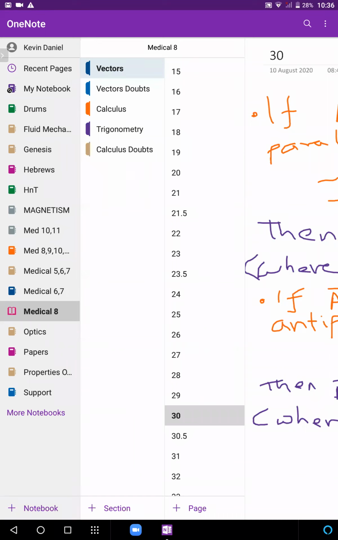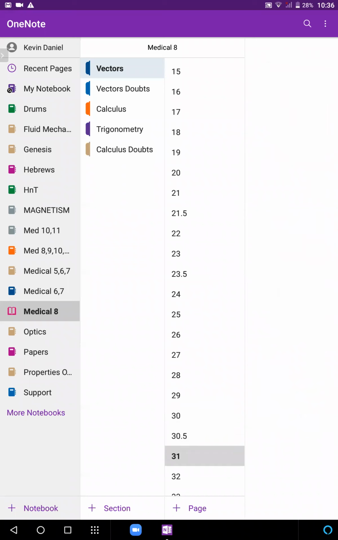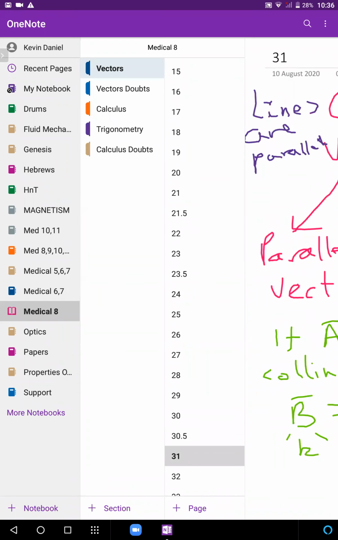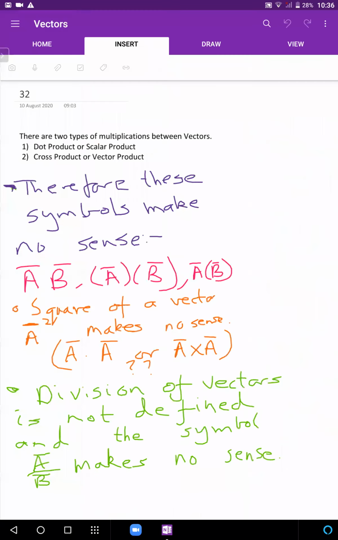So velocity, acceleration, all the terms that I defined, those and a few more make up kinematics. Just leave some space for 30, 30.5, 31. Copy those lines from here, because I taught you these in the previous class where we discussed at length what parallel and anti-parallel mean. Okay? Leave some space for that.